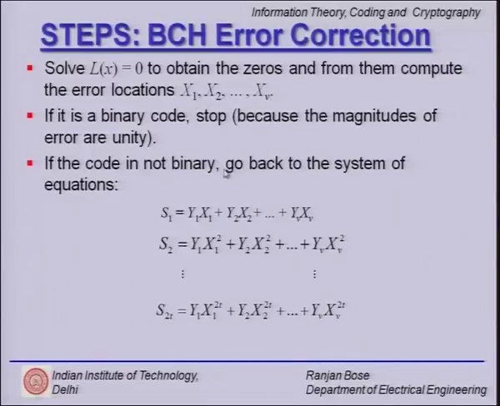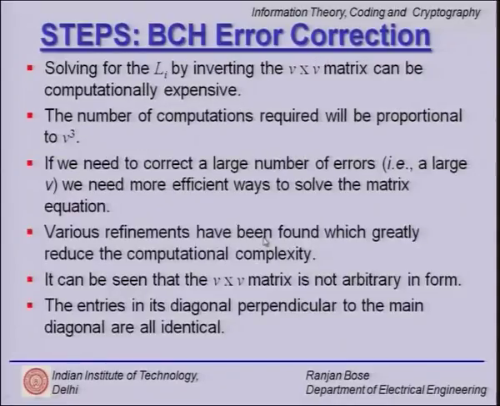If it is non-binary, we go back to the system of equations and find out y1, y2 up to y nu, which are the magnitudes. Thus, we have been able to efficiently decode BCH codes using this nu cross nu matrix.